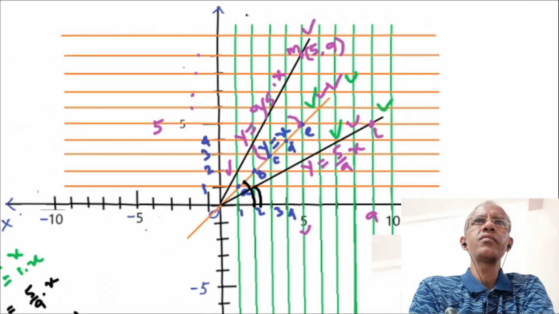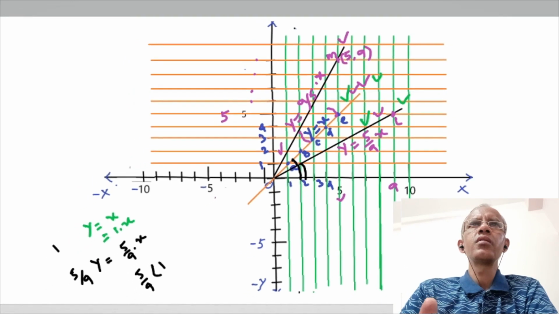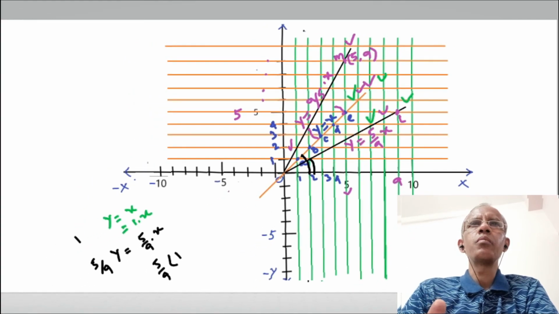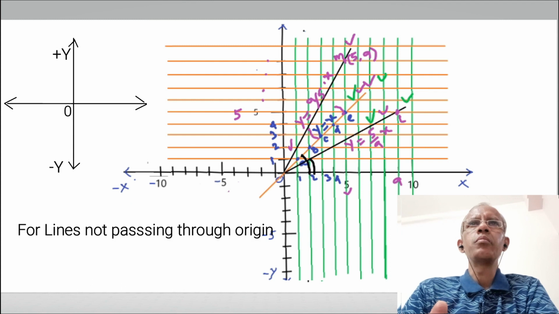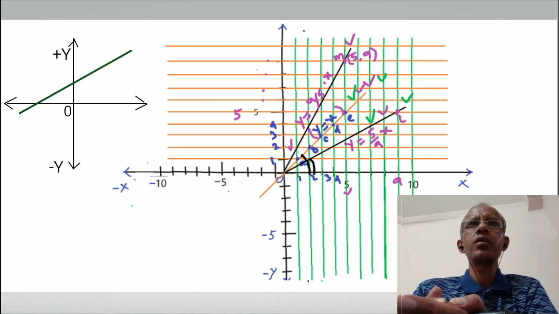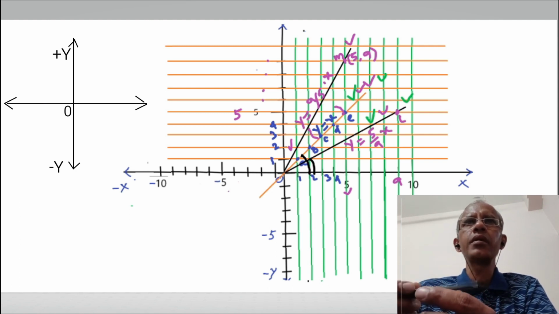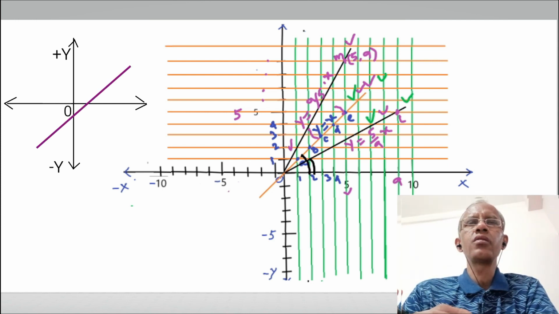We got an idea about how the formulas are derived for the lines, and this is about the formula of the lines which pass through the origin. But it is not necessary that all the lines will be passing through the origin. Some lines pass through such a point that it cuts the y-axis at the positive y values, and some lines do pass in such a manner that they cut the y-axis in the negative direction of the y value.